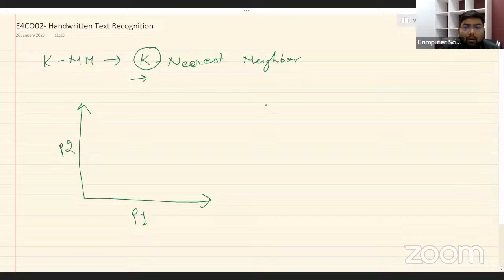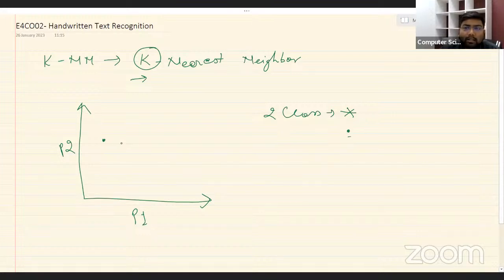Now we have some instances, and if we draw the data points for those instances, suppose there are two classes: the first class is this asterisk, and the second class is this dot, and our data will belong to either this class or this class.